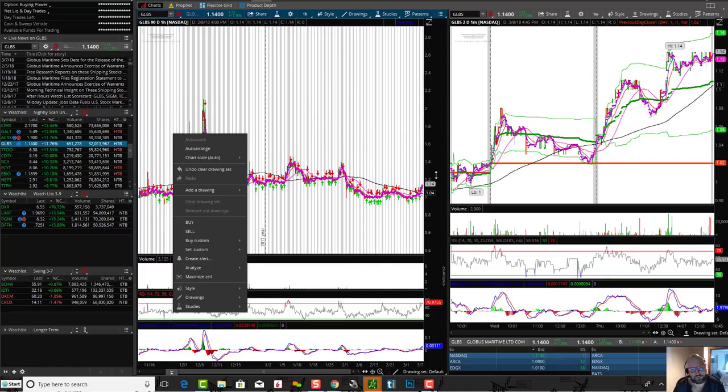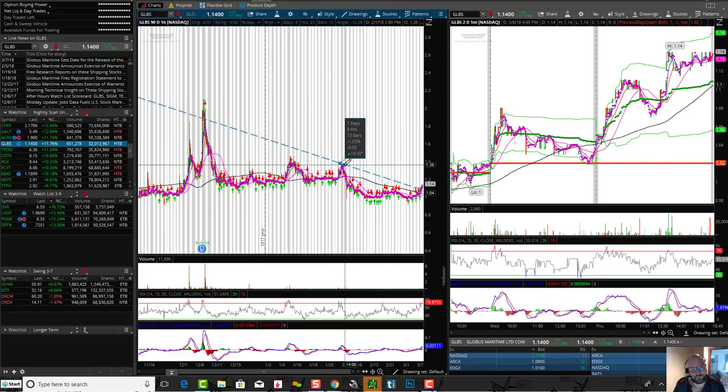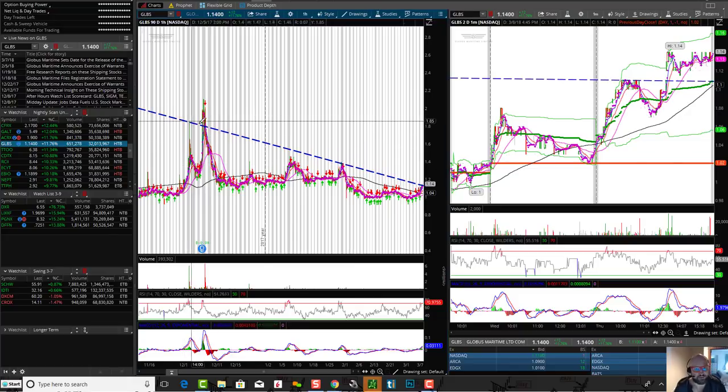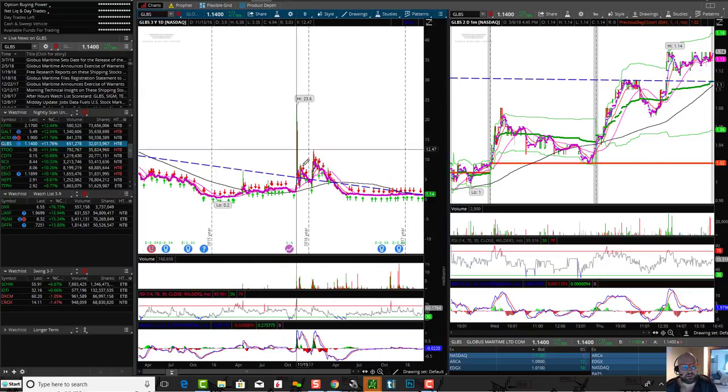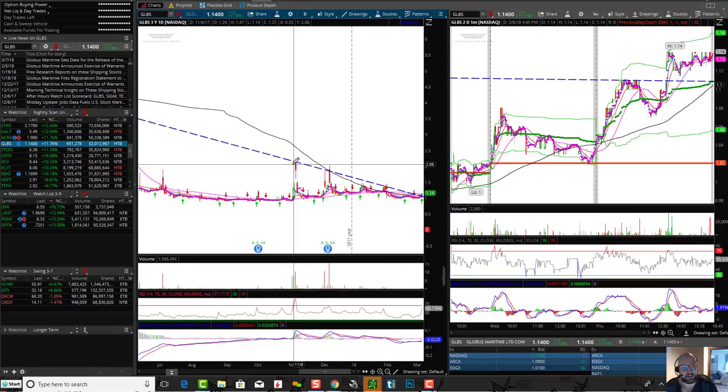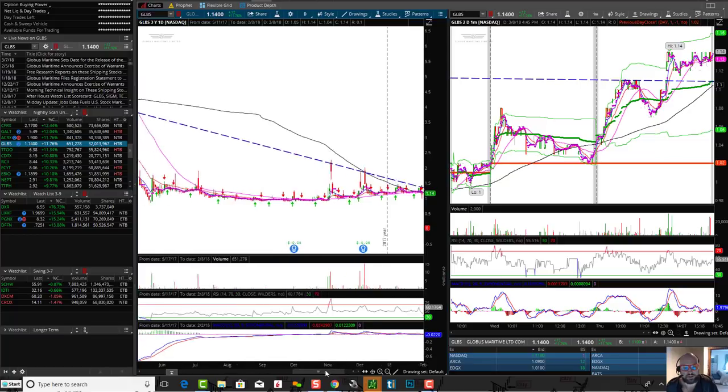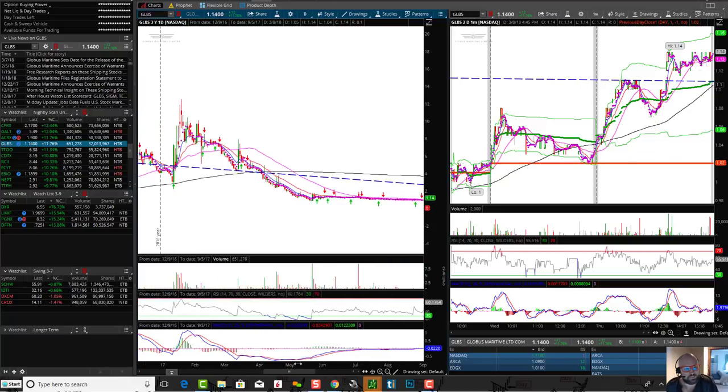Let's see here. You can kind of get that peak right over there. Let me go to the daily. It's tough because, see, it's kind of catching it right there. So you've got some peaks there. Kind of goes back somewhat.